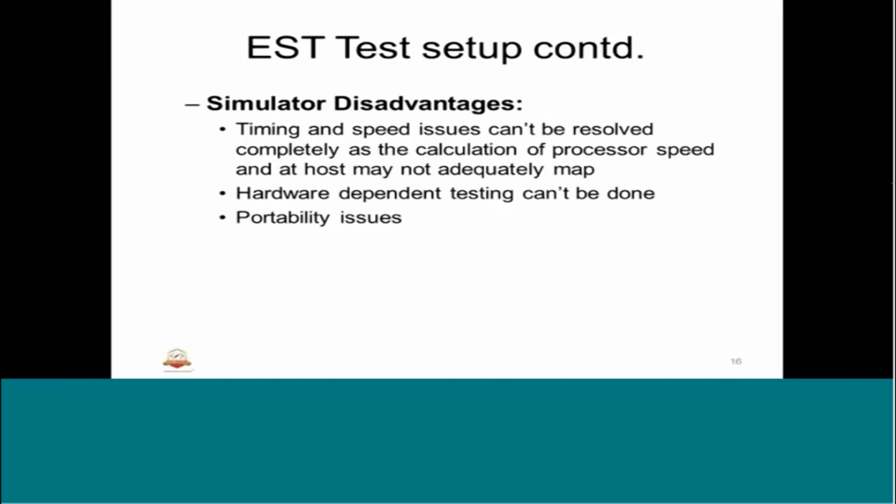Similarly, a simulator may fail to show a bug from shared data that arises from an interrupt in some particular situation only. You may be aware of interrupts; some interrupts can come in real time, and we may not be able to do that in the simulator. So these are some of the disadvantages, and we should definitely use the next technique, emulation.